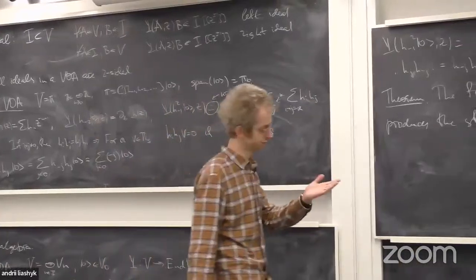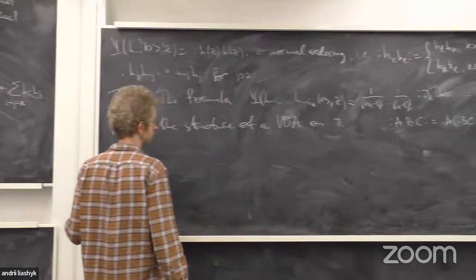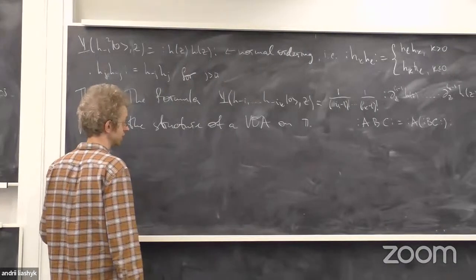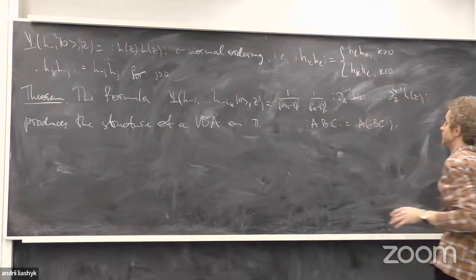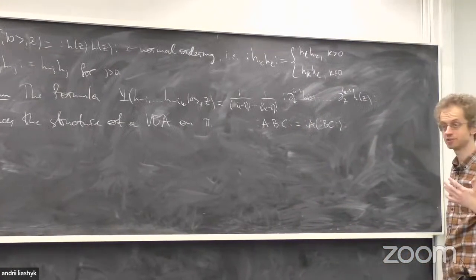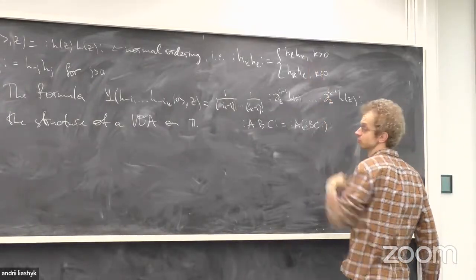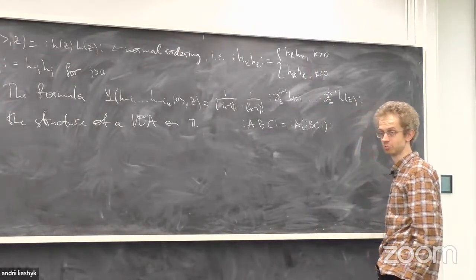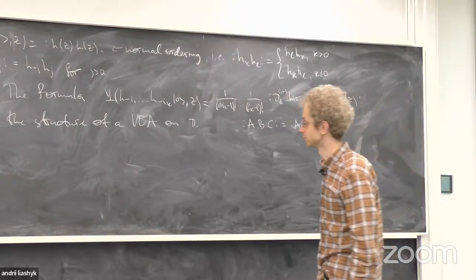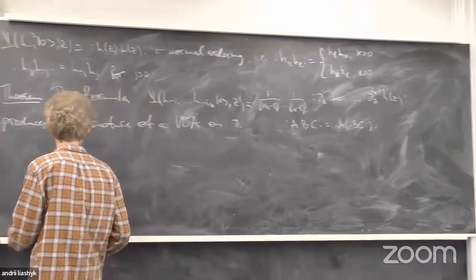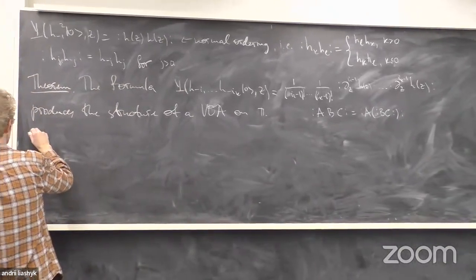And let us give the general formula for this normal ordering, because you see here these elements satisfy very simple commutation relations, and therefore the only thing we have to do is change the order. But in general, the commutation relations are much more complicated, so we need more work to do.